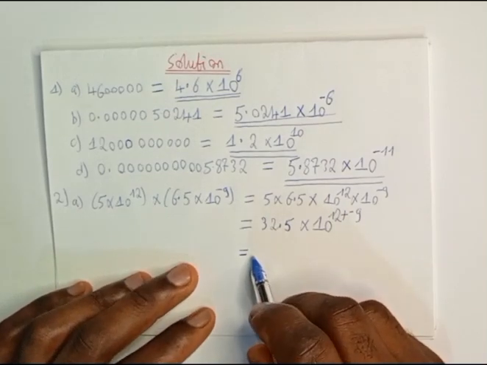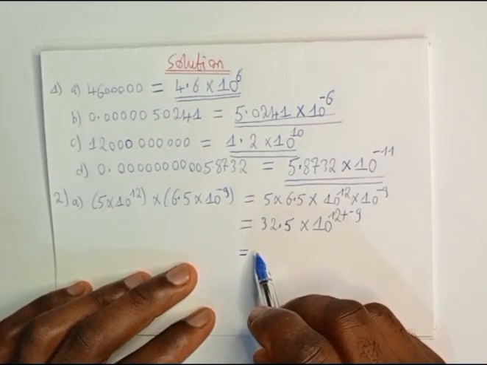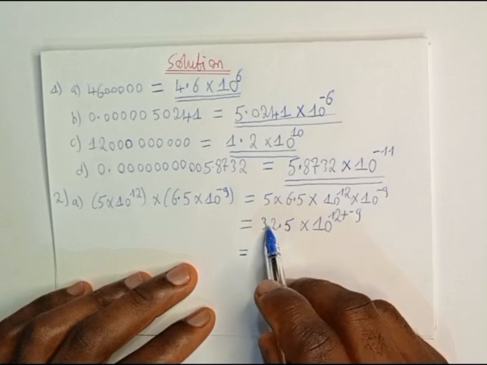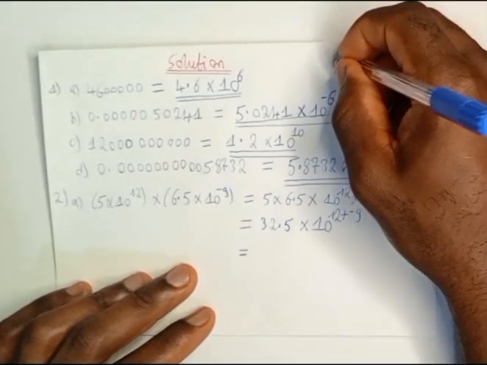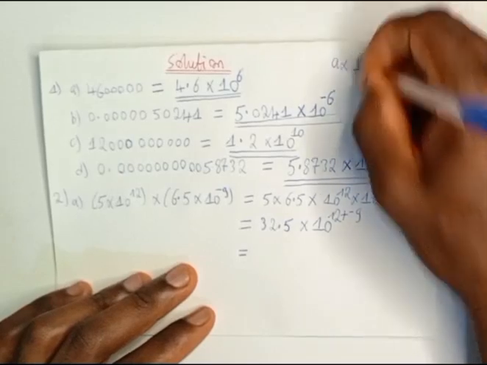This will give us, you're going to fix a new decimal point immediately after 3, so as to get the value of our small e. Remember, this is how we express numbers in standard form.